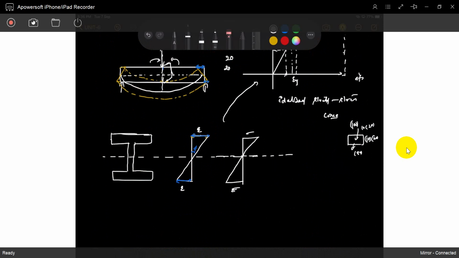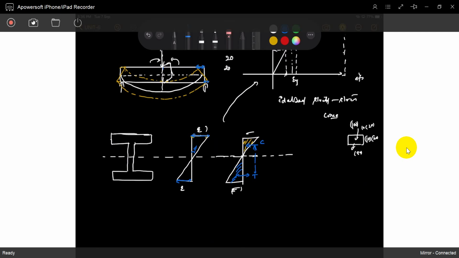So, this is the strain diagram. This is the stress diagram. Exactly, see, this total area is in compression. This total area is in tension. So the total compressive force is C, the total tension force is T. If you see, this is a lever arm.